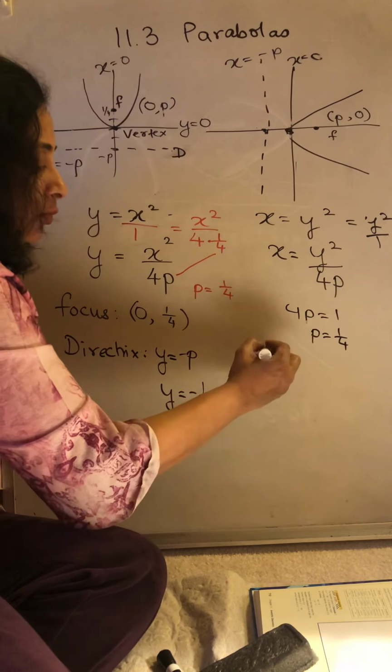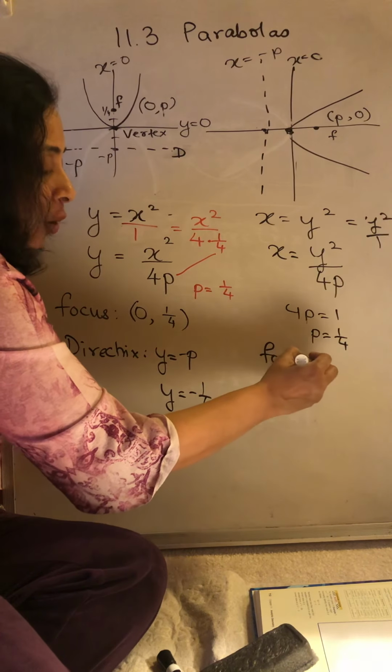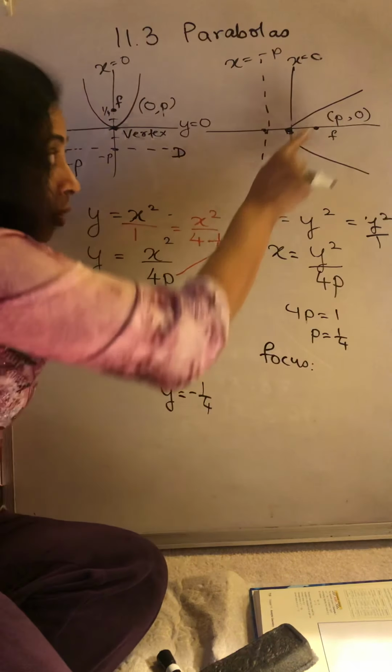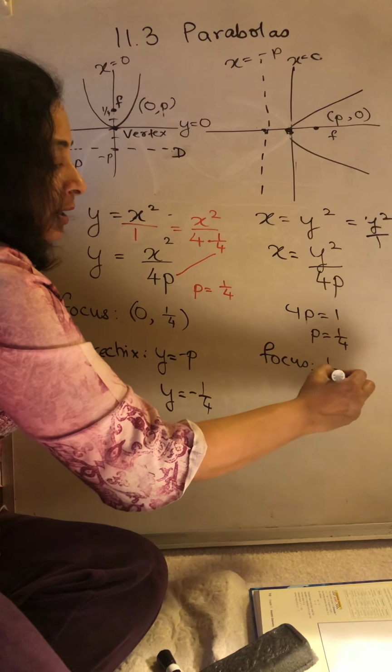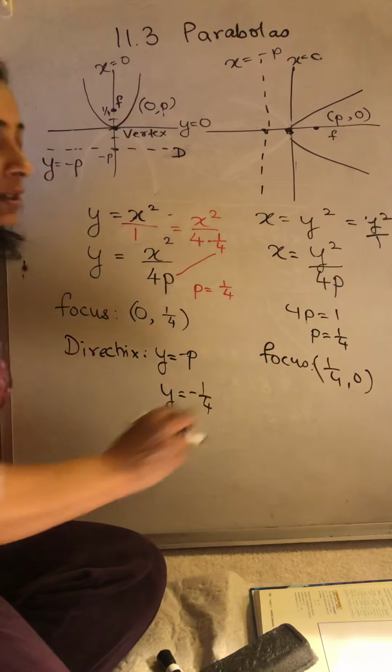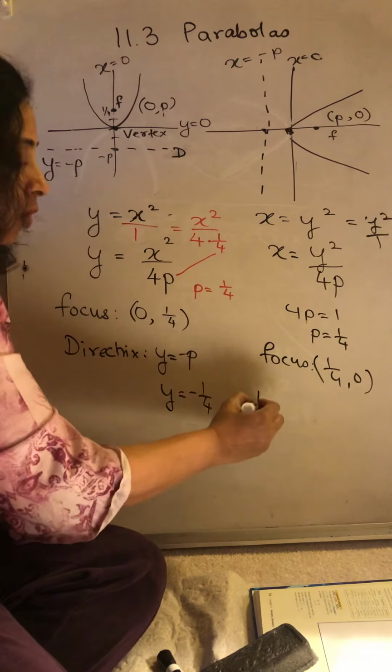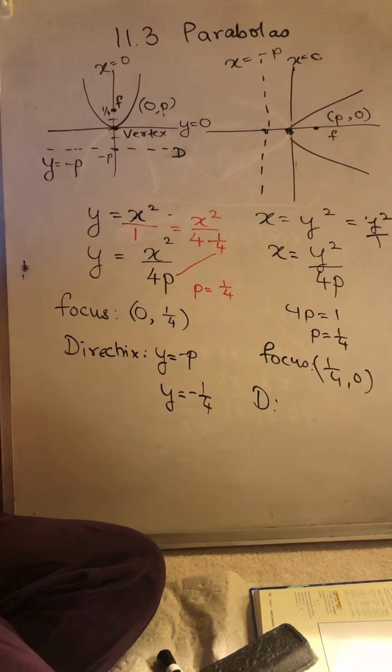But with p equals 1/4, when I'm finding the focus, I know it's on the x-axis, so I know my y is 0. It's (1/4, 0). Right? Here it was (0, 1/4). What's the directrix? The directrix is a line.